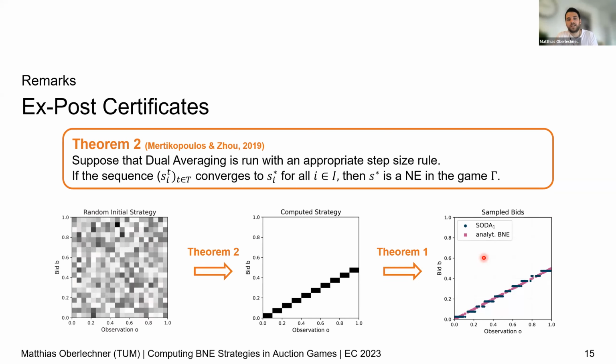So we kind of have an ex post certificate for our computed solution. We don't have to verify the induced strategy in the original auction game. That is very helpful.